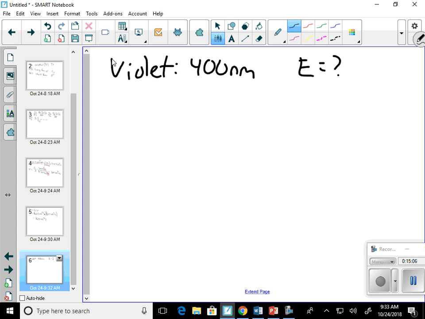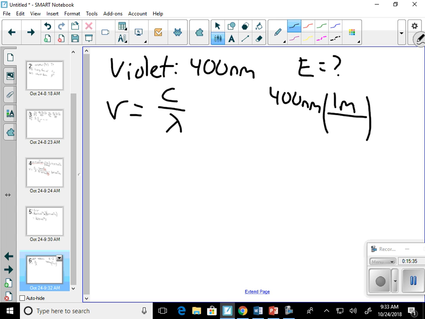That would require both equations. Because if I'm giving a wavelength, first thing I would do is solve for the frequency. Kagan, what's new? C over lambda. However, my lambda, my wavelength, has to be in meters. So I would take my 400 nanometers and convert it into meters.